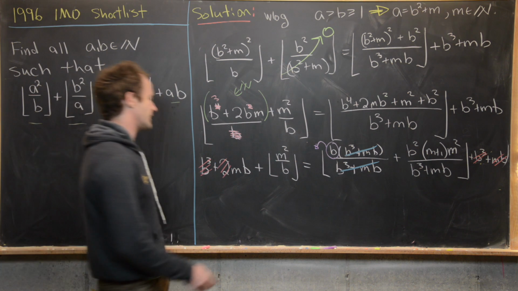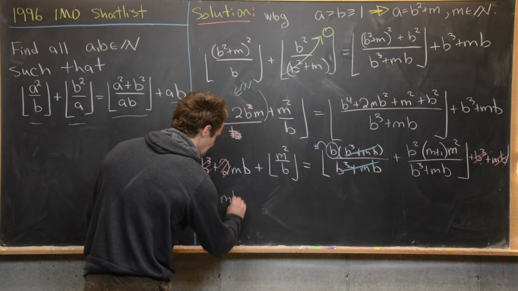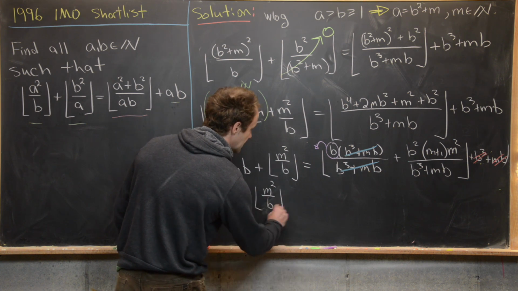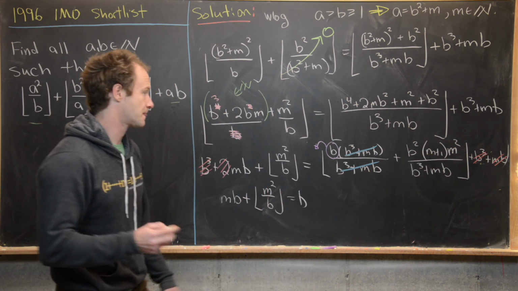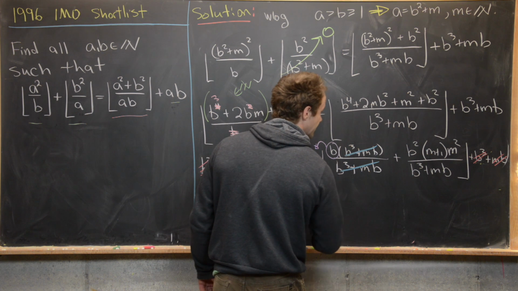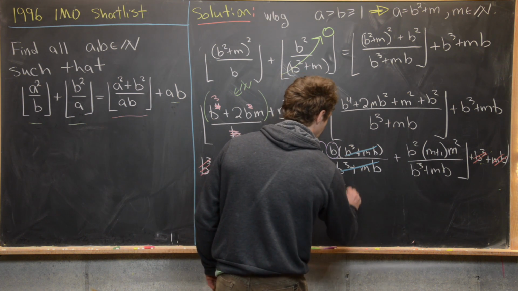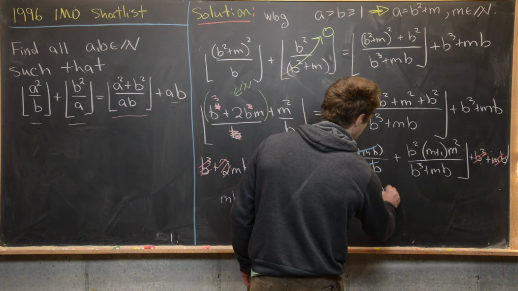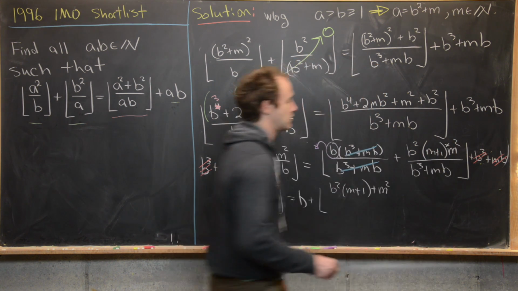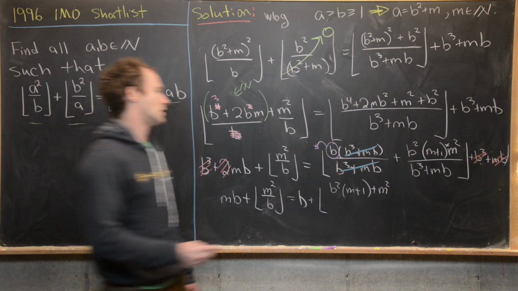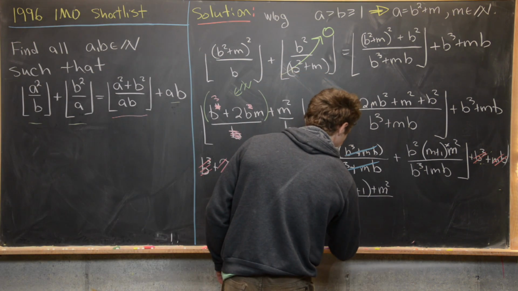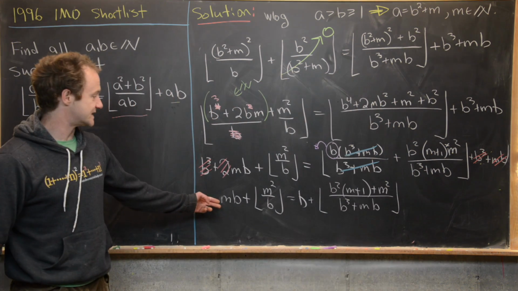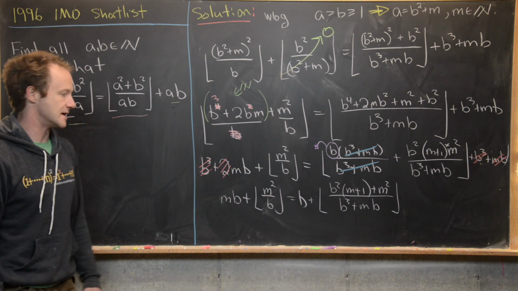So we're going to have m times b plus floor of m squared over b equals b plus the floor of b squared times (m plus 1) plus m squared, all over b cubed plus mb. I just noticed I had a typo there. That should be plus m squared.